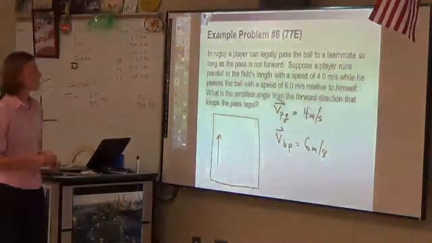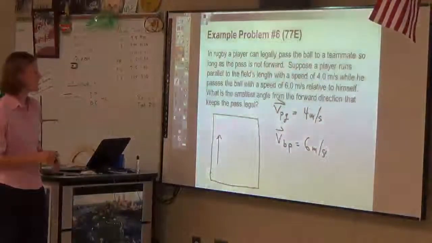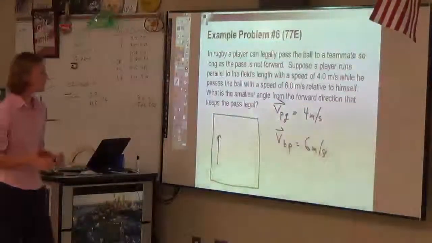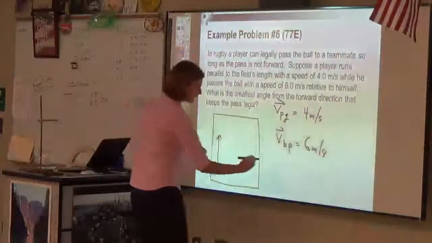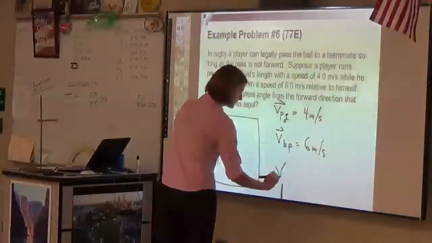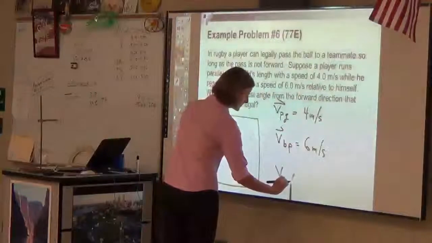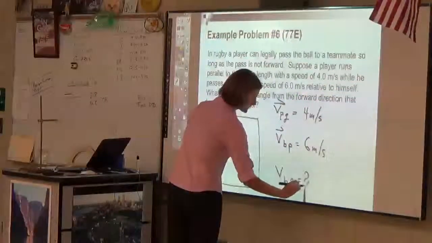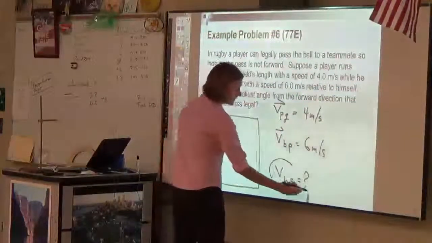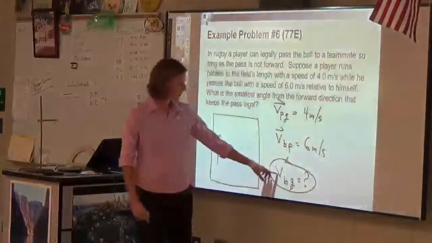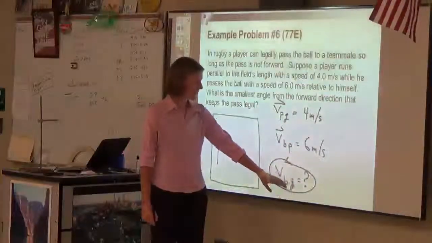What is the smallest angle from the forward direction that keeps the pass legal? So to keep the pass legal, we want to know the velocity of the ball with respect to the ground.